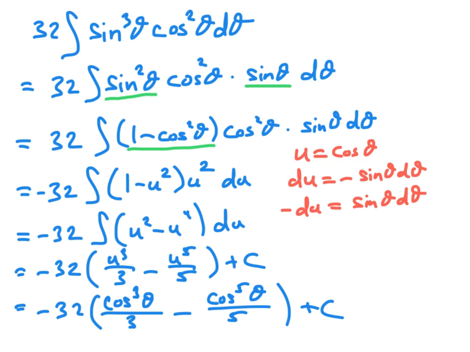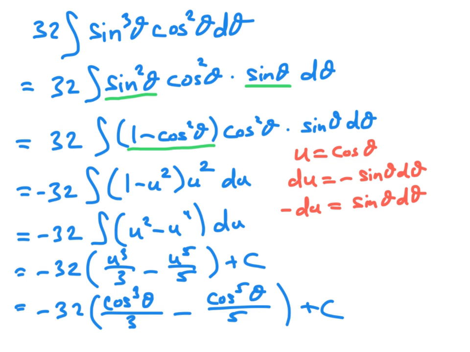negative du will be sine theta d theta. And this gives us our integral of negative 32, integral of the quantity 1 minus u squared times u squared du. And keep in mind we have that negative out front from the negative du, from the derivative of cosine being negative. And we can distribute the u squared to get an integrand of u squared minus u to the fourth.